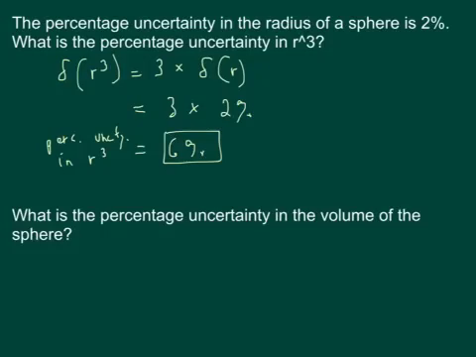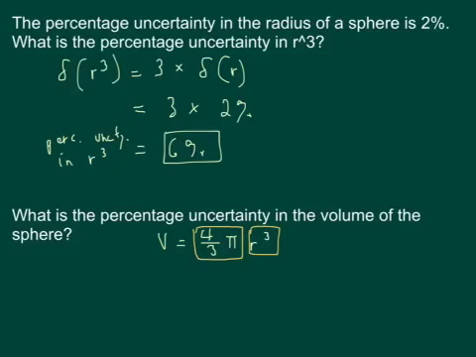Now what I want to look at is, what's the percentage uncertainty in the volume of the sphere? Well, you may know the volume of a sphere, but it doesn't actually matter if you know this equation. Volume is 4/3 pi r cubed. And that means we have two things being multiplied, 4/3 pi and r cubed.